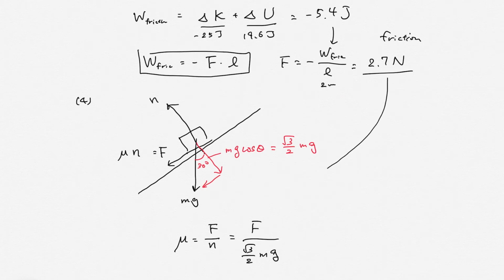And then you can substitute F here. M is 2 kilograms. g is 9.8 meters per square second. Then you can calculate. It becomes 0.16. This is the coefficient of friction. Okay, so this is the answer to the fourth question.